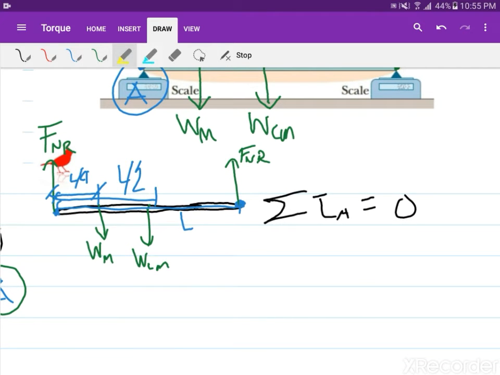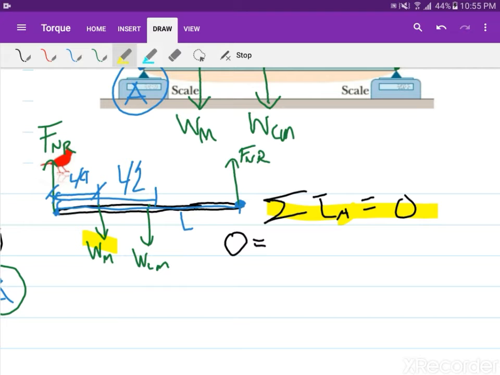Okay, so let's set up our equations. Since our object is in rotational equilibrium, the sum of torques must be 0 along A. Okay, so what are those torques that sum to 0? Let's look at the forces one by one.